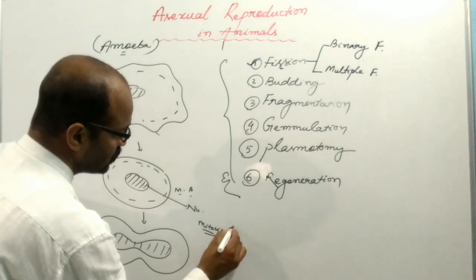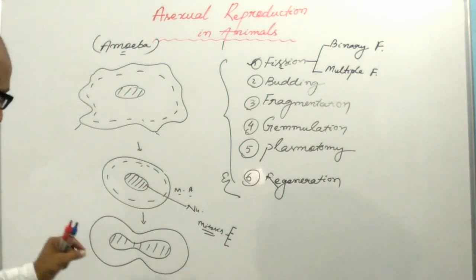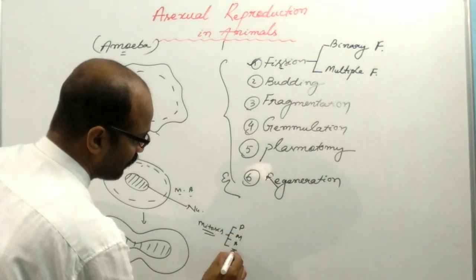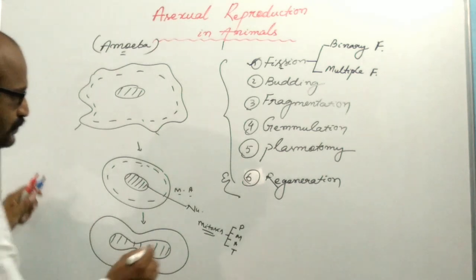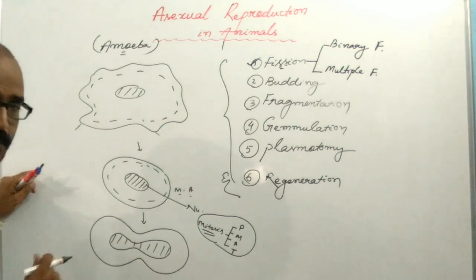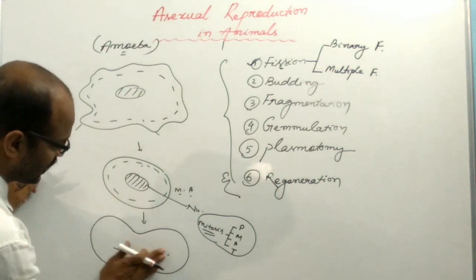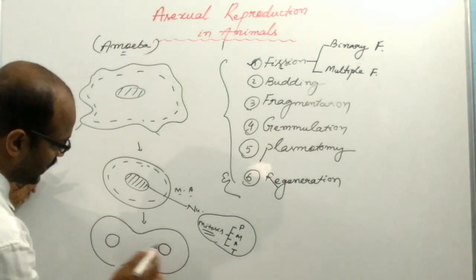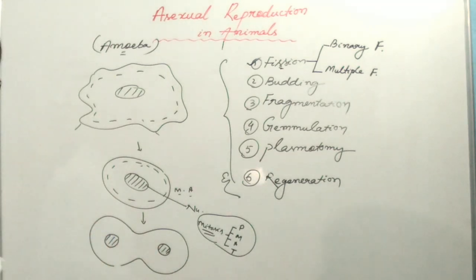Mitosis means the division takes place through four phases: prophase, metaphase, anaphase, and telophase. By the process of mitosis, the division of the nucleus takes place, and the single nucleus now becomes two daughter nuclei inside the mother amoeba.